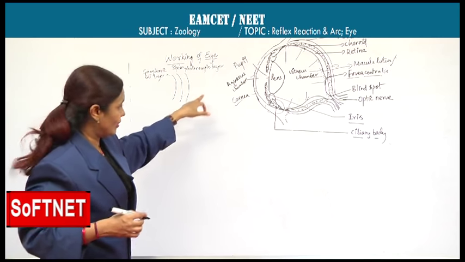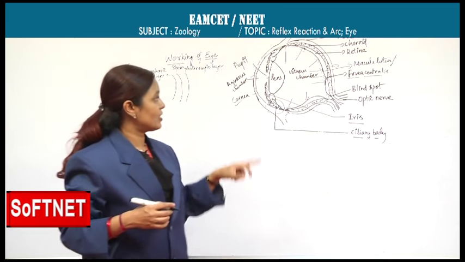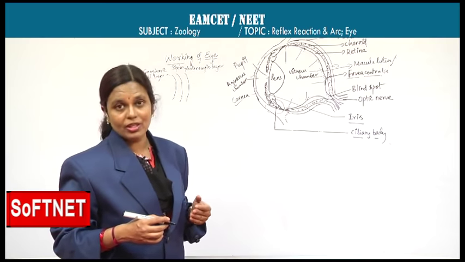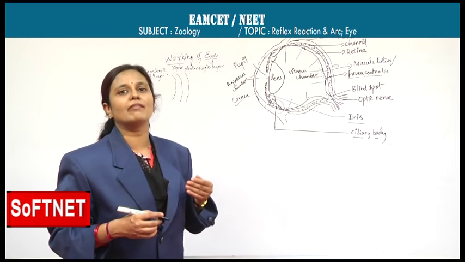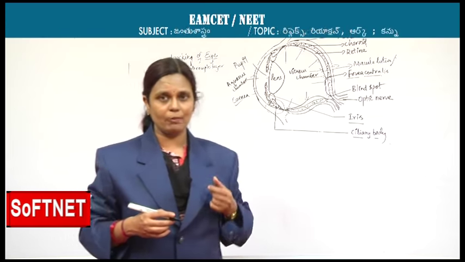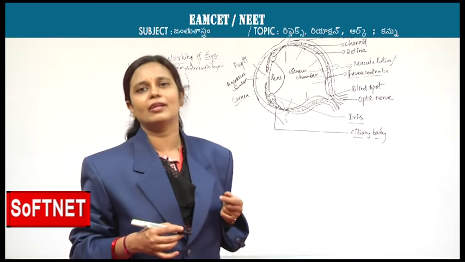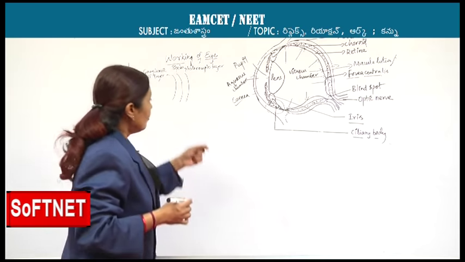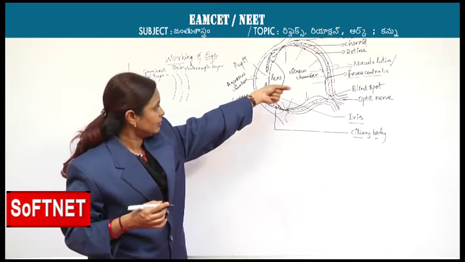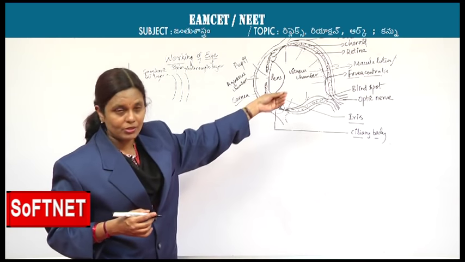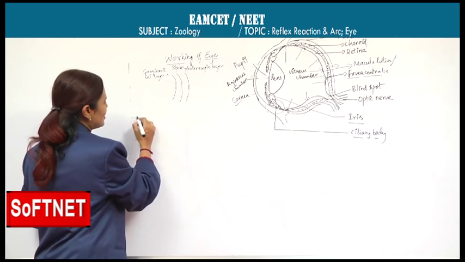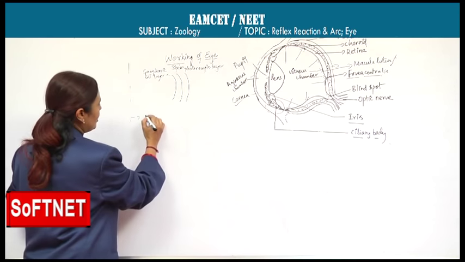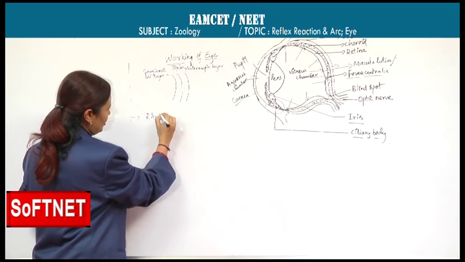Then we already discussed that the photoreceptor layer has rods and cones. Both rods and cones have their respective visual pigments called rhodopsin and iodopsin. Now, when the light falls on these rods or cones, their visual pigments get dissociated. For example, let us say it is rhodopsin.